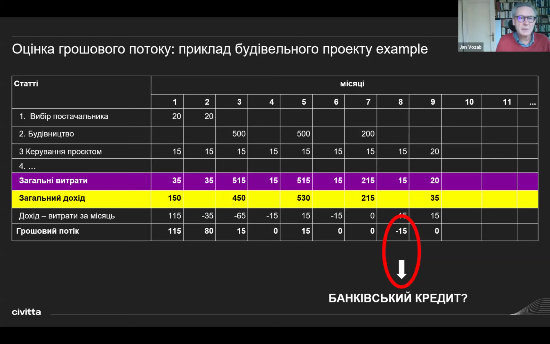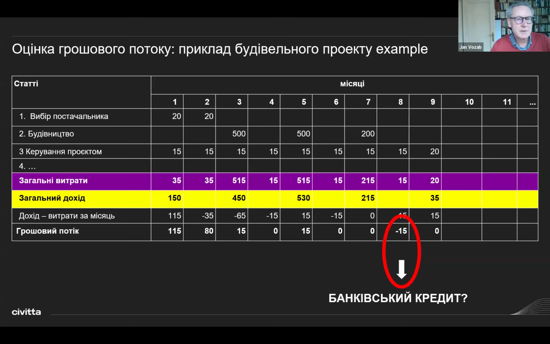So instead of applying for the European money, they just took the same information, redrafted and restructured it as an application for the loan, and quite easily received the loan from the bank. So that's why I would recommend calculating the cash flow.